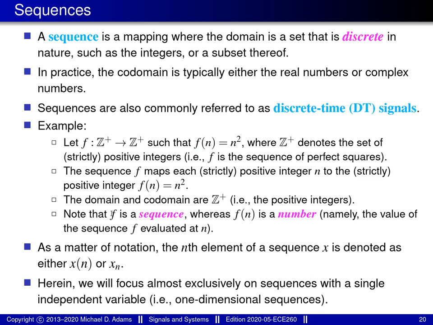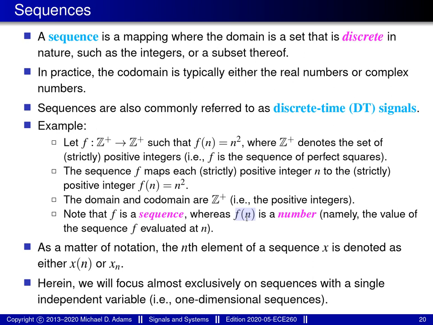Now I want to make one important comment with respect to notation. The expression f denotes a sequence, whereas the expression f of n denotes a number. f of n is a number because what this notation means is we're taking the sequence f and we're evaluating it at the point n, which gives us a number. It's whatever the sequence is equal to at this point n.